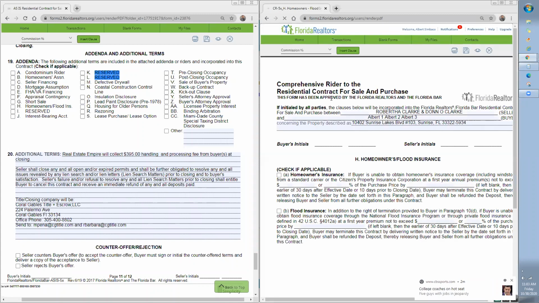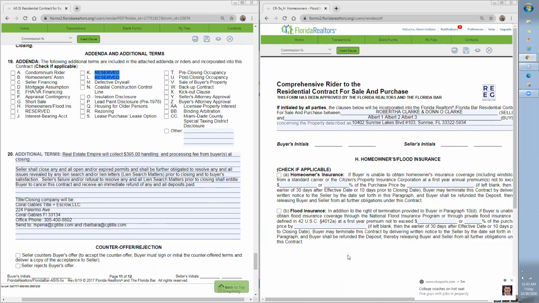What this document states is kind of like another way for the buyer to get out of the contract, believe it or not. What it states is that on this property, the homeowner or the new buyer needs to obtain homeowners insurance and possibly flood insurance as well if the property is in a flood zone, okay?